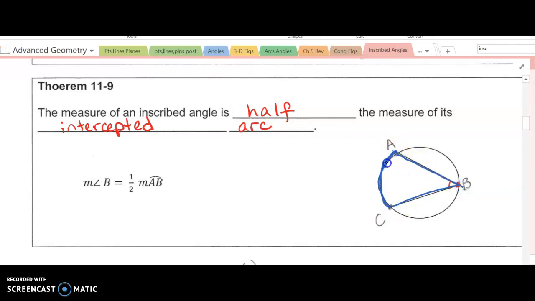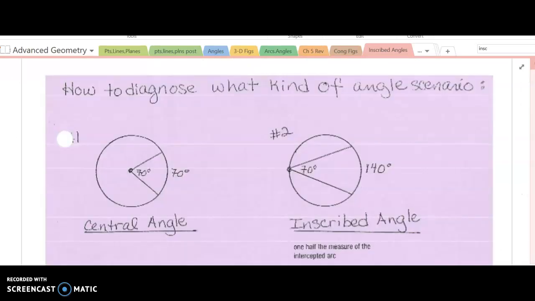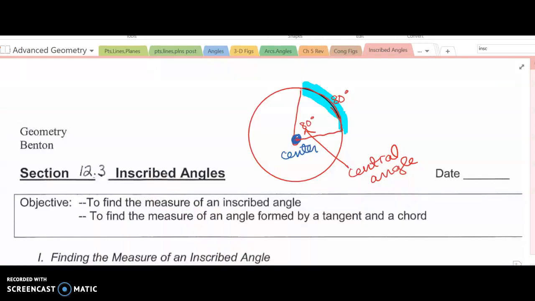So now if this is, we'll say 100, I'm just making up numbers here, then angle B is 50. So again, when is it half? It's half when the vertex is on the circle. They're the same amount when the vertex is on the center. So if you look at your strategy sheet, we've talked about the central angle, which is strategy 1, and we just introduced strategy number 2 when the vertex is on the circle.